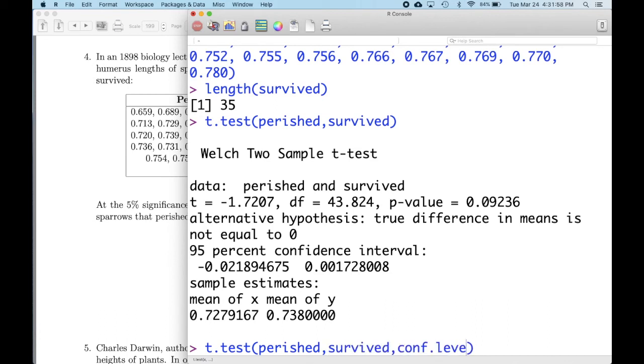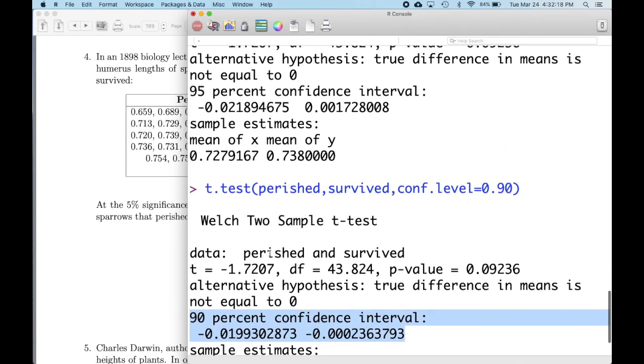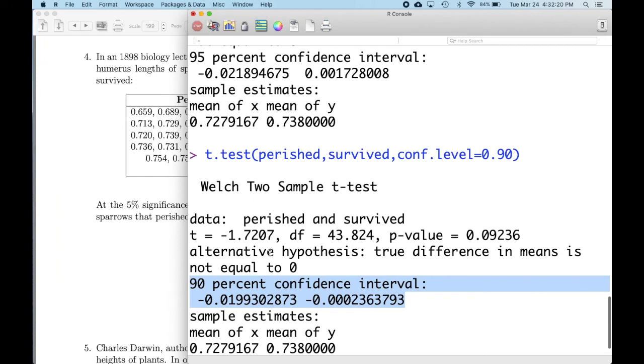I would change the confidence level to 90, okay, so that we have a 10% significance. And if we were to do that, we get basically the same data, okay, but now we have a 90% confidence interval, rather than a 95% confidence interval.